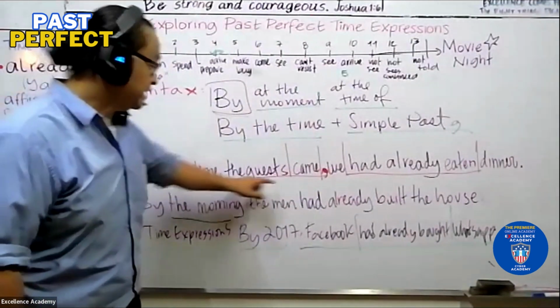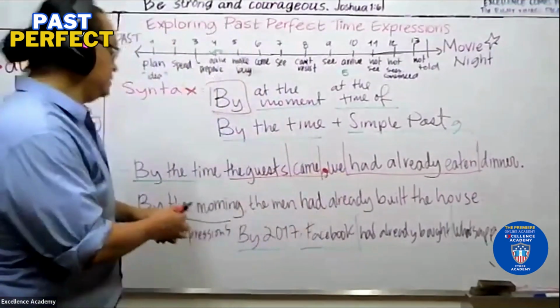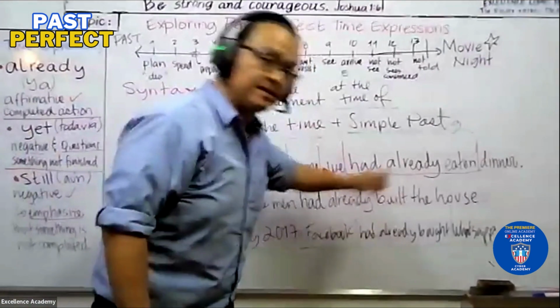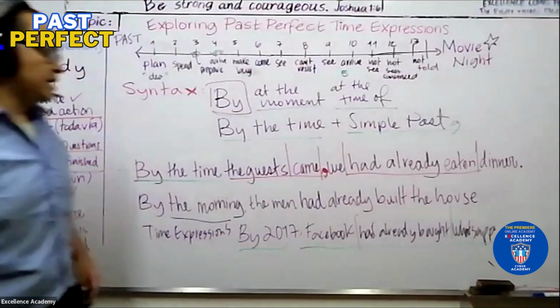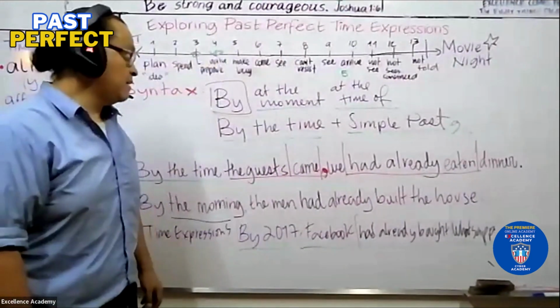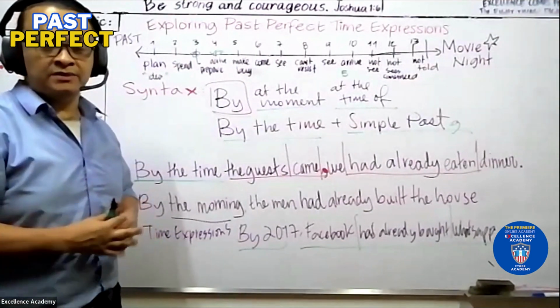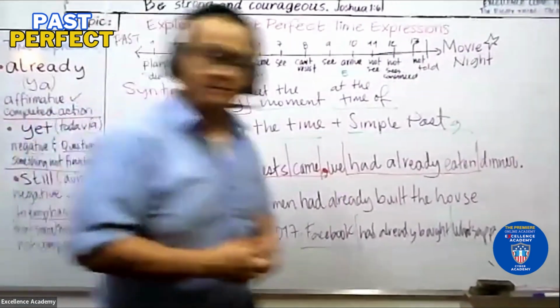So by the time the guests came puts us here, we had already eaten dinner, right? Because the past perfect always happens first, okay? So there you go, guys. Those are the full time expressions that we'll use with the past perfect. We're going to do a bunch of activities and exercises for you guys to solidify this concept tonight, okay? That's it, guys.